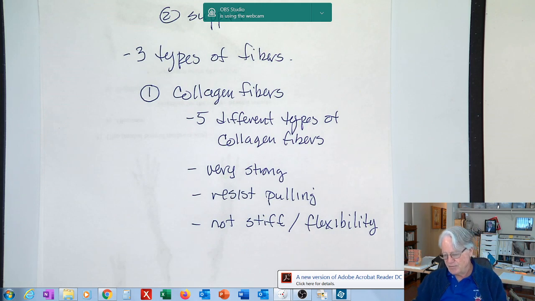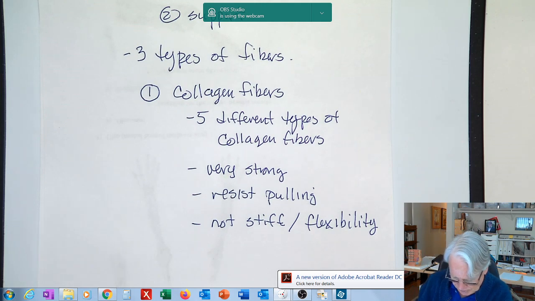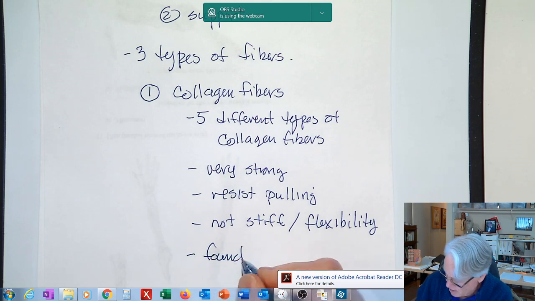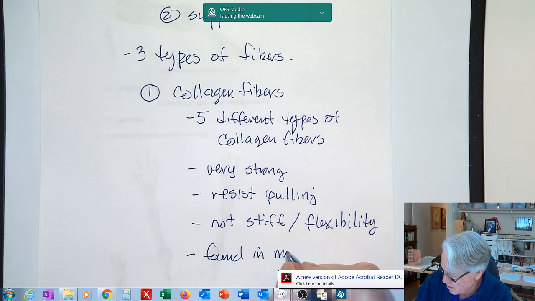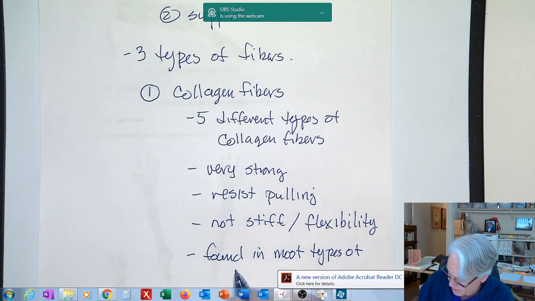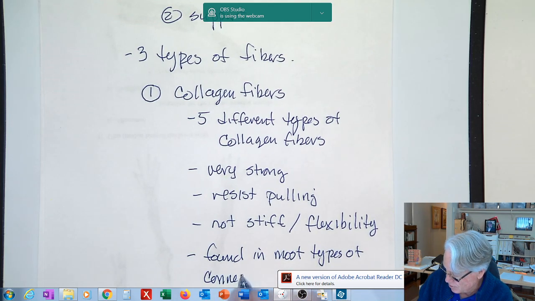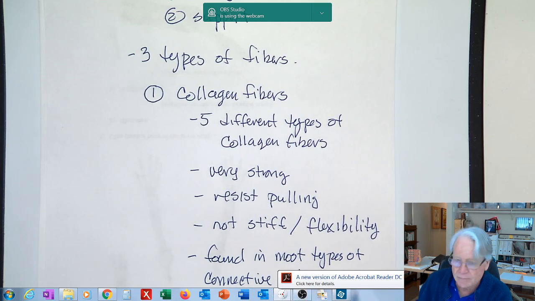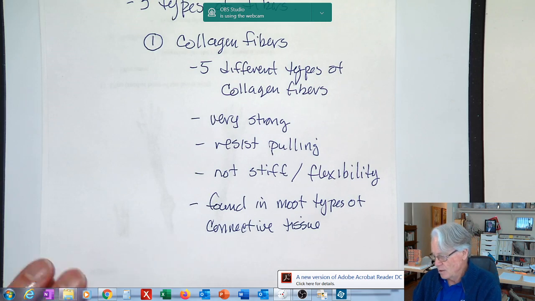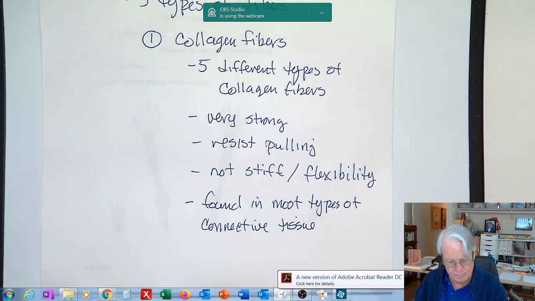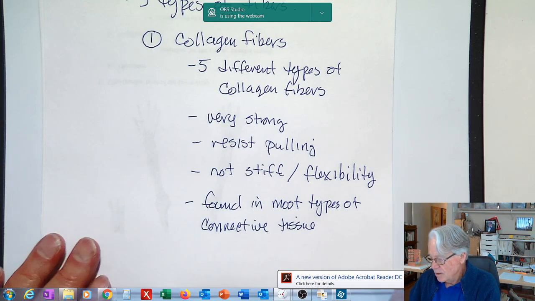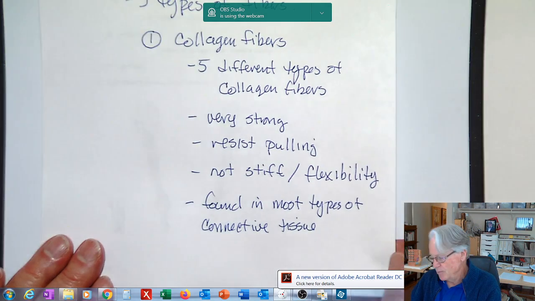Okay, that's collagen fibers. And this is going to be found in most types of connective tissue. So it's very common. That's one type, collagen fibers.